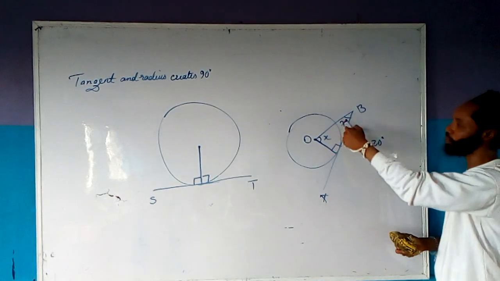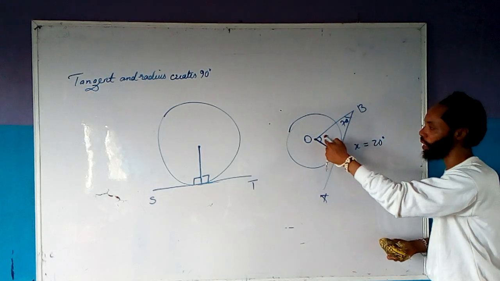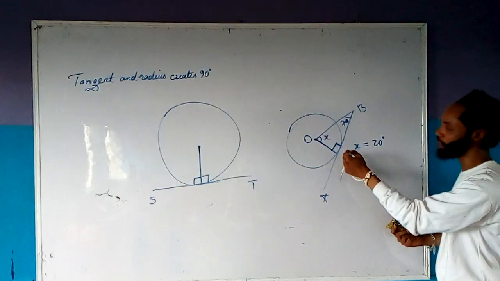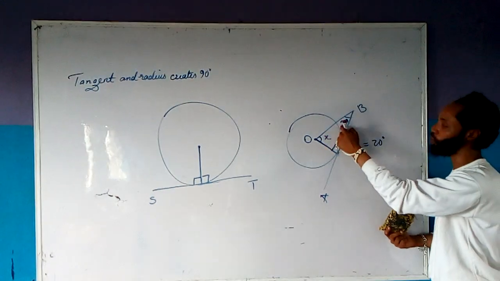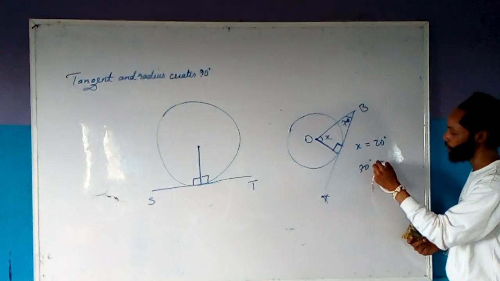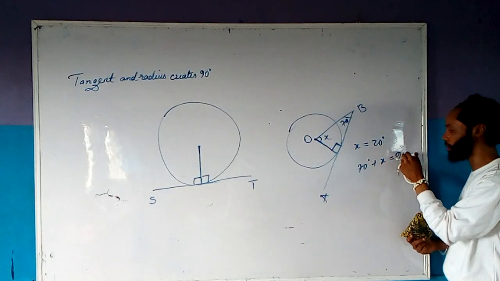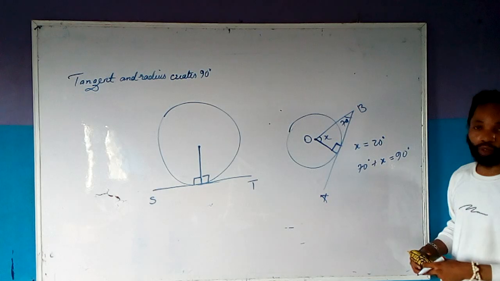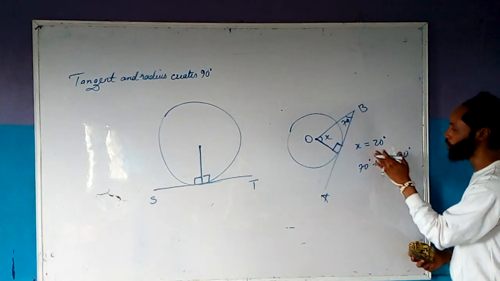You sum 90 plus 70 plus X equals 180. But if you don't like that, here is 90 degrees, so the sum of these two must give you 90 as well. So you just say 70 degrees plus X equals 90 degrees, because these two must give you 90, to add up with this 90 to become 180.